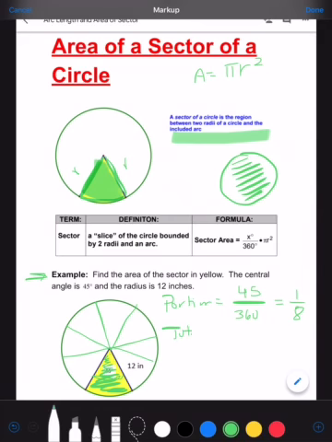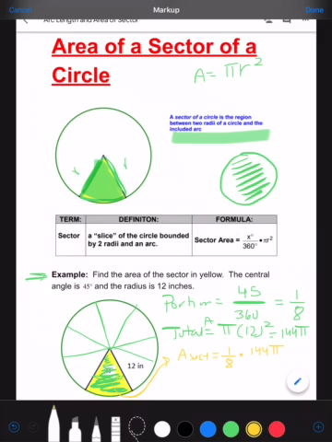The total area is going to be pi times r squared, and the radius is 12, squared. So this is 144 pi. Okay, so the area of the sector is going to be then the portion, which is 1/8 of the whole area, which is 144 pi.